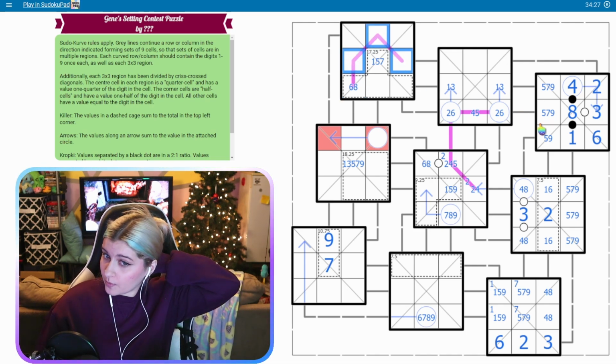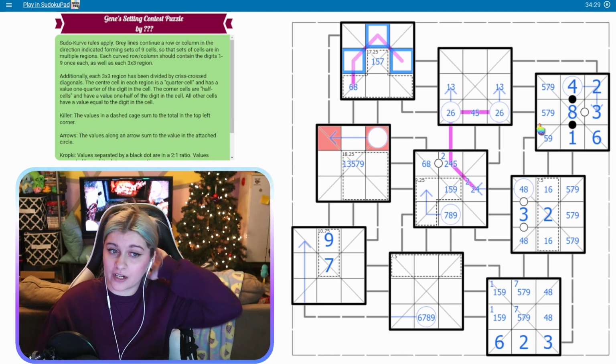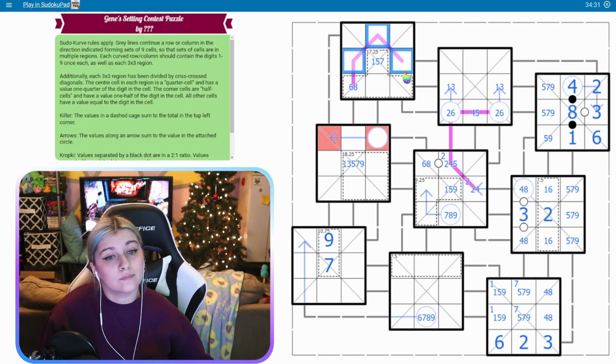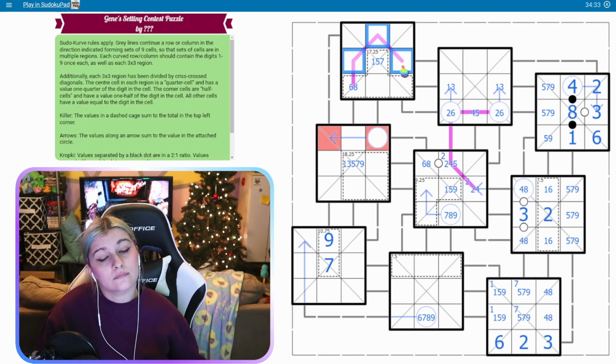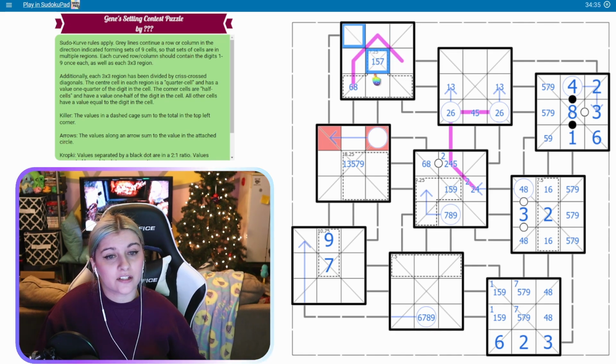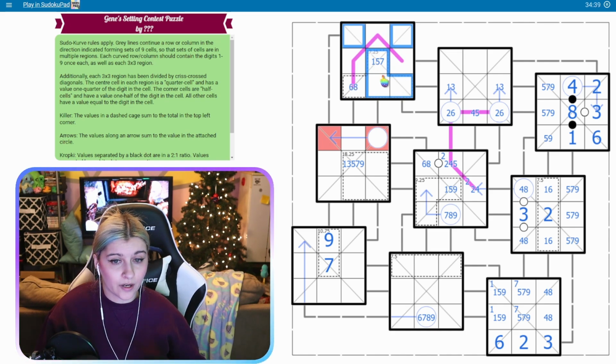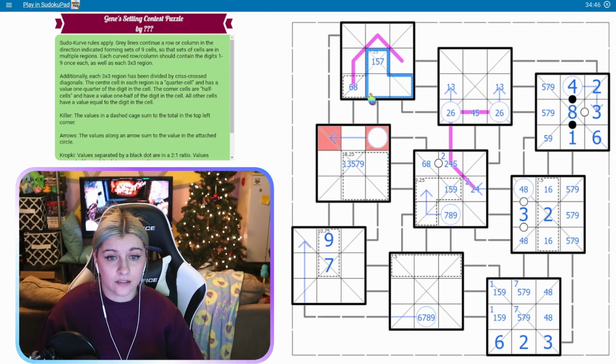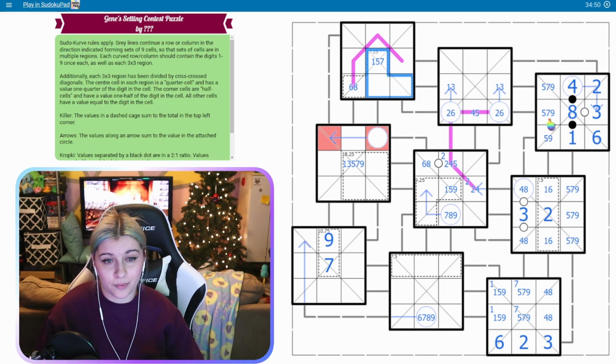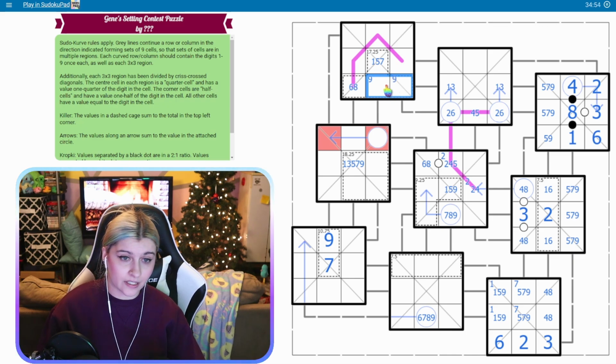But there's no way a value of 8 or 9 will fit on here. So I need 8 and 9 to go somewhere else. 8 could go here, but 9 definitely goes somewhere else. 9 can't go here because of this. I don't know where any other 9s are. 9 is definitely here, but I know a 9 can't go here. Okay, so 9 definitely goes here.